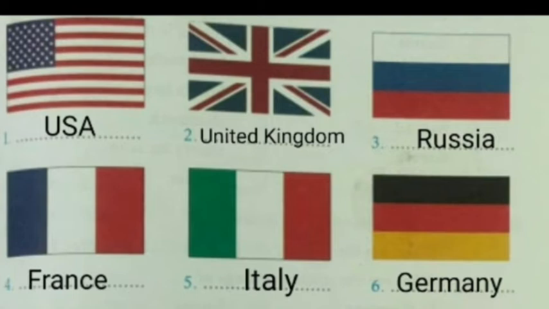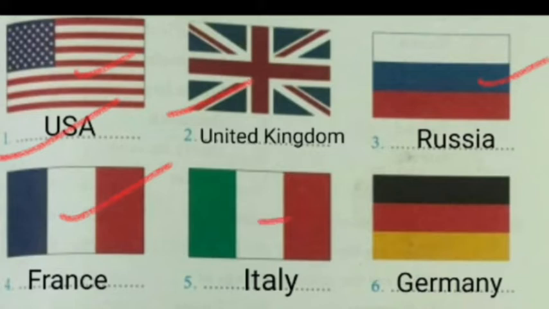Our first flag is the United States of America, that is USA. The second one is UK, that is United Kingdom, and the third one is Russia. This flag belongs to Russia. The fourth one belongs to France.